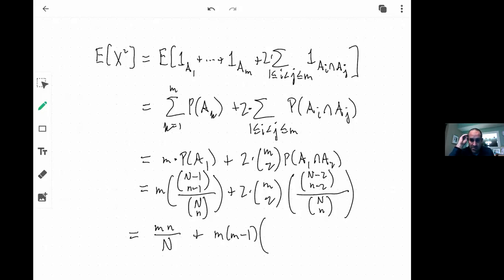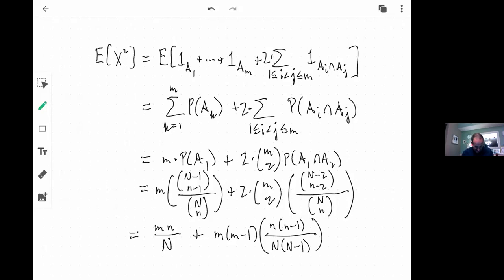In the denominator I have N factorial over little n factorial, and in the numerator capital N minus 2 factorial over little n minus 2 factorial. Everything cancels from the n minus 2 things, except in the denominator I have big N times big N minus 1 over little n times little n minus 1. You invert those, same kind of game that we played before, so it's just little n times little n minus 1 over big N times big N minus 1.